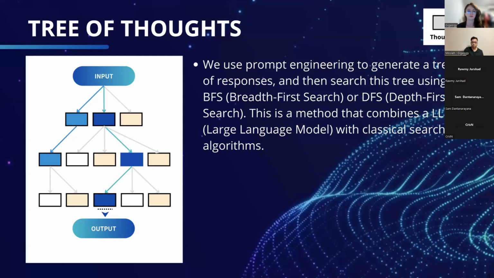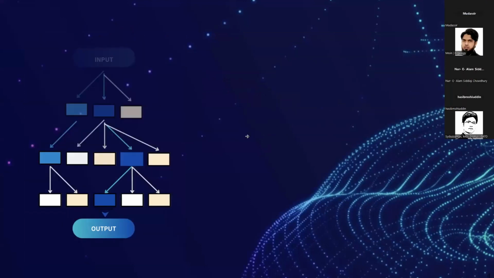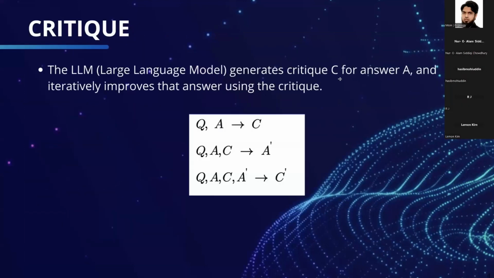Then we have the self-critic mechanism. In this process, your large language model will generate a critic C for your answer A and iteratively improve the answer with that critic. So you have your question, answer, and then you generate a critic for it. It's more like you ask the model, okay, now evaluate the answer.